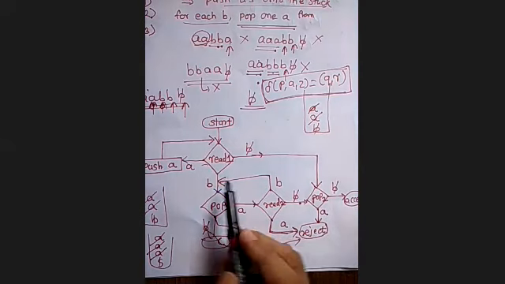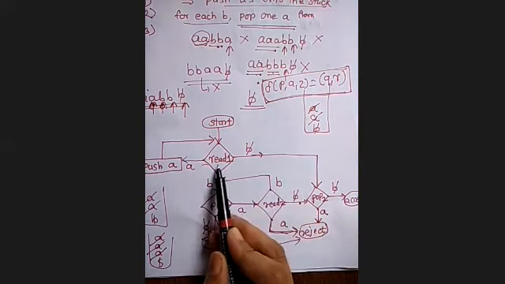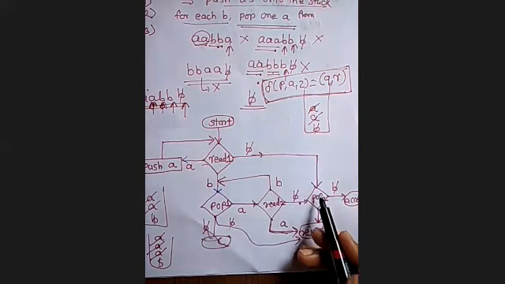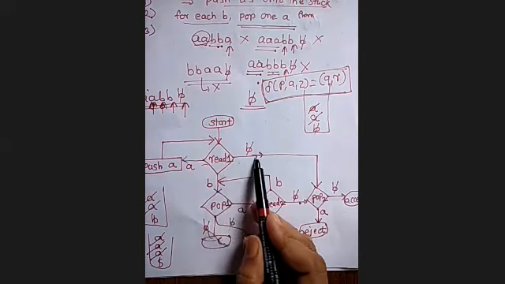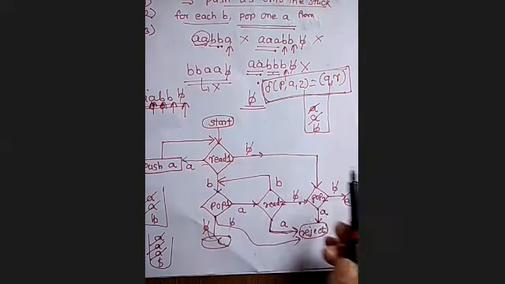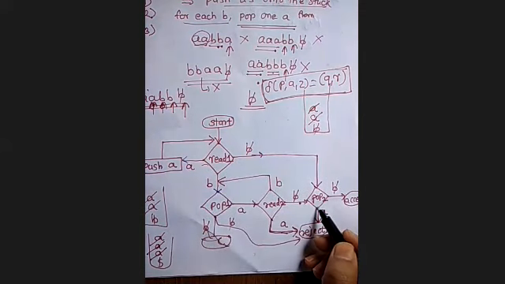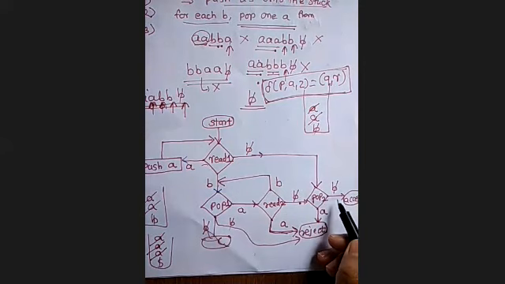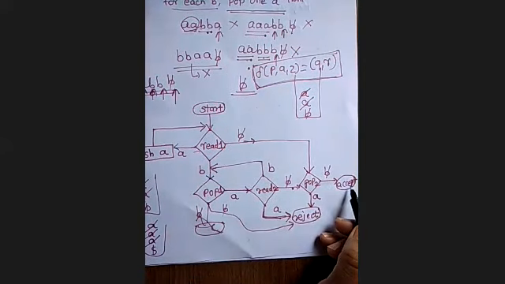Now the accept cases. In read 1, if you get the blank, you will also check whether the stack is empty. Read 1 blank means the input ends, and after you pop from the stack, if the popped symbol is also a blank, then it is accepted.